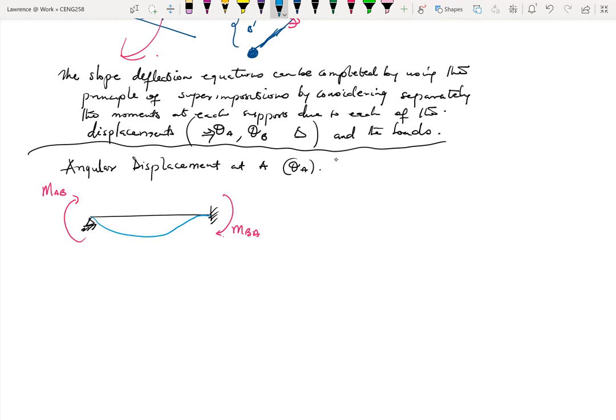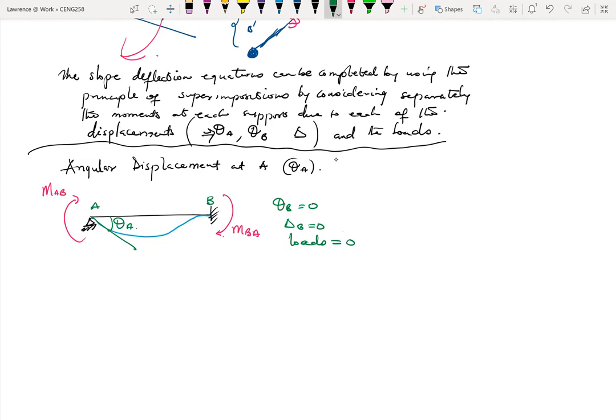Or the deflected shape will be this type of bending, which means that I have my angle here, theta A, and that will be about it. Because from this formulation, our theta B will be equal to 0. Our delta B will also be equal to 0. This is A and B. Okay. And also, there are no loads on the structure. So at least for now, we can only solve for theta A.